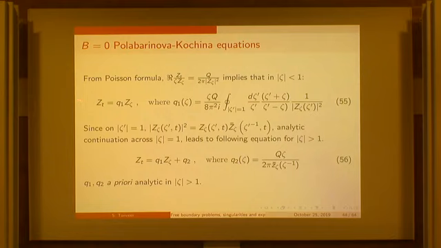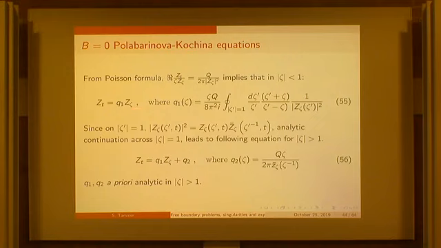Then we notice that on the boundary, this is this, where this is the conjugate analytic function, just as last time, which allows us to plug this in and get this equation, the analytic continuation of this equation outside the unit circle.